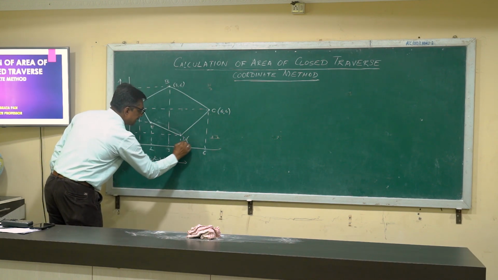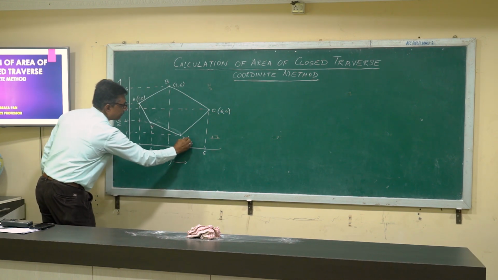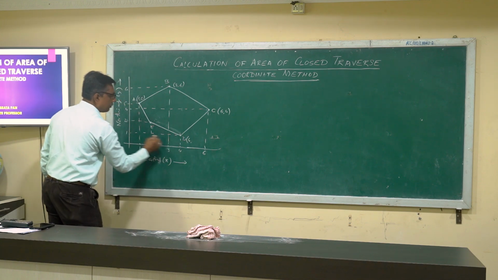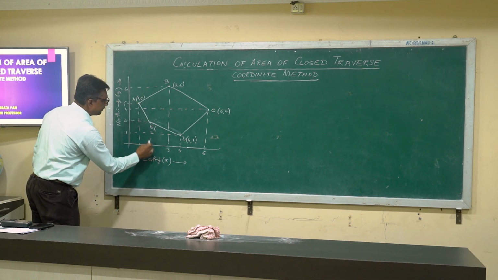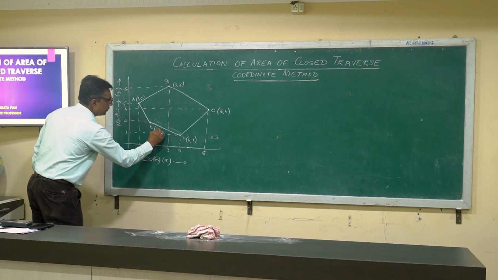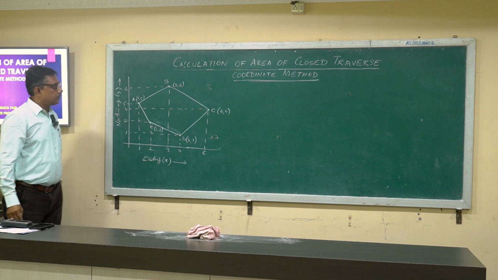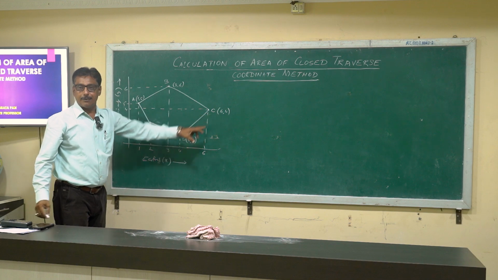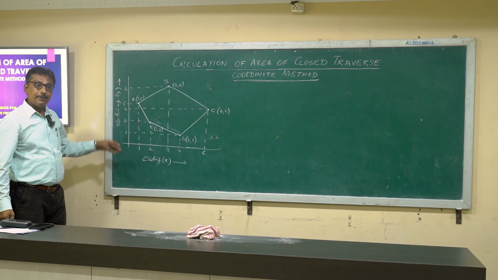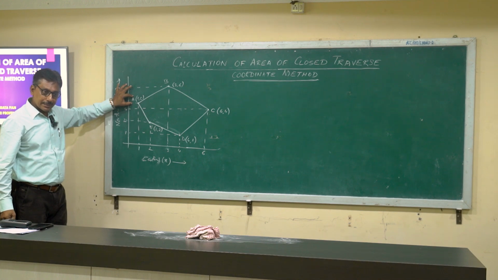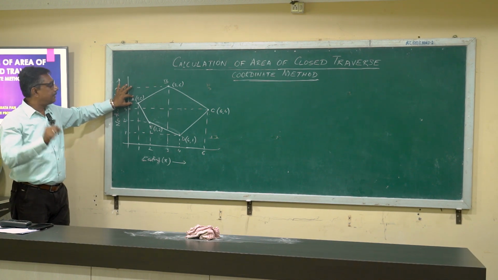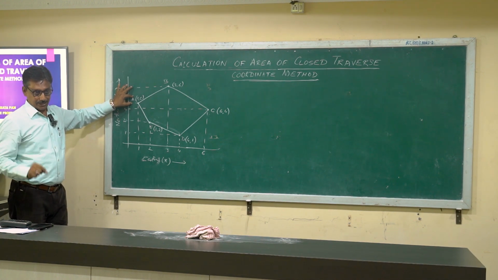And D is represented by 4 of x and 1 of y. And E is represented by 2 of x and 2 of y. So these are the actual coordinate values we have taken from the data. So these are the specific waypoints. Say for example, I am taking only the last digit.